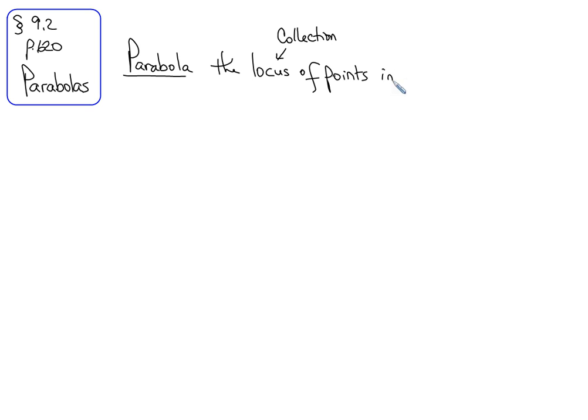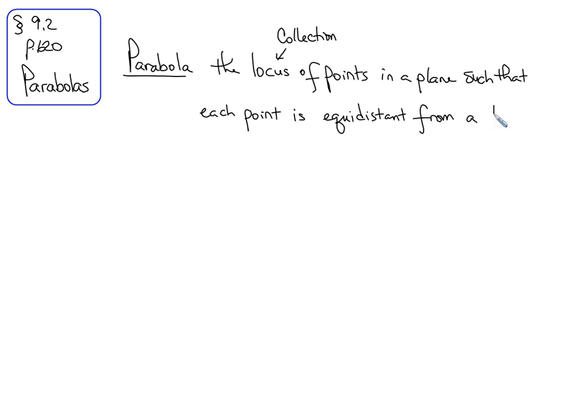The collection of points in a plane such that each point is equidistant from a line and a point not on that line.